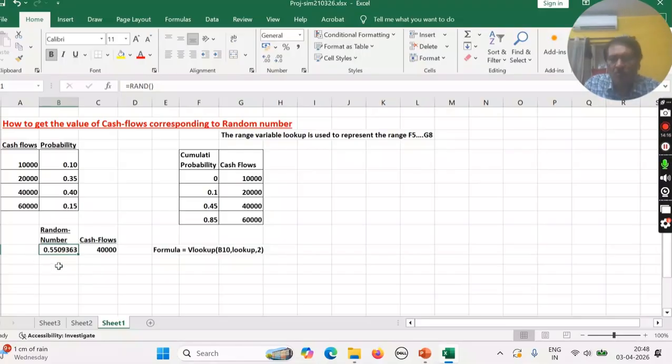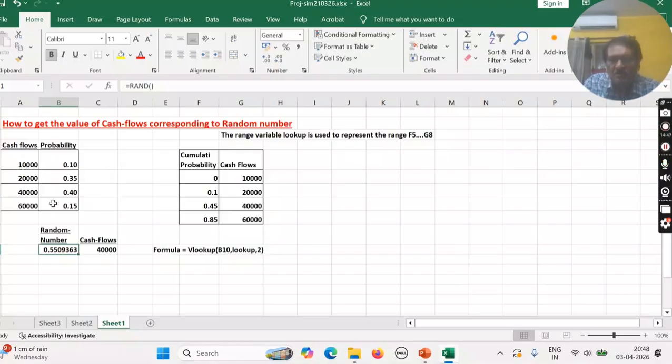Now for this random number, what will be the value of cash flows? How do we determine it? And the life of the project. For that, I have shown this table of the data. Cash flows 10,000 and so on.